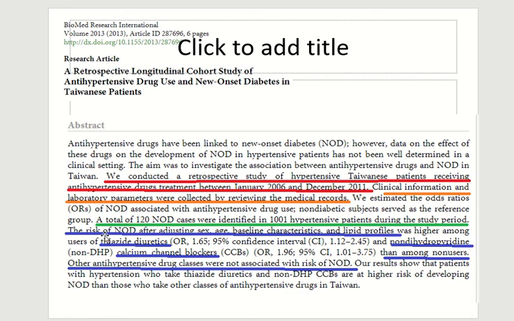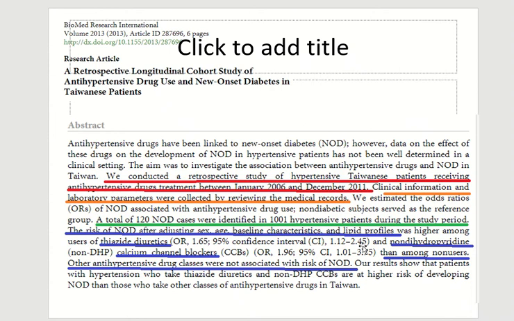So they're saying that the risk of the new onset of diabetes after adjusting for sex, age, and baseline characteristics, this idea of adjusting is something that we will talk about maybe in a lecture to come, was higher among the users of the antihypertensive drug, and they got an odds ratio of 1.65 with a confidence interval of 1.12 to 2.45.